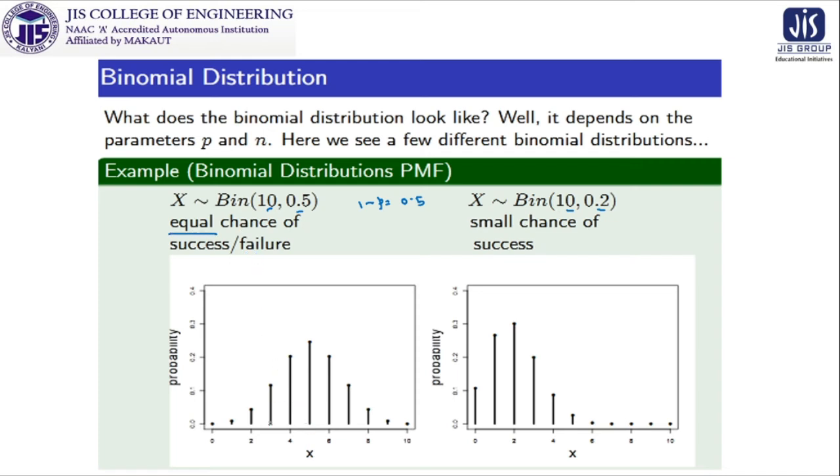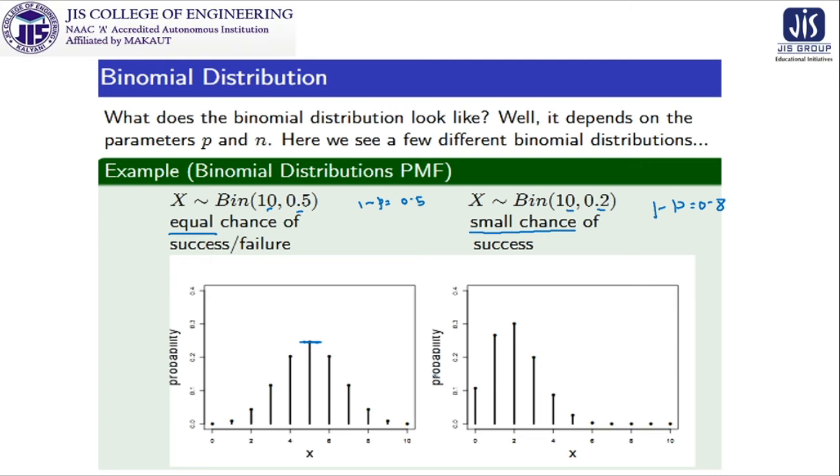So look at this. The distribution is very much symmetrical about the middle position, and this is the probability, 0.5. But if you look at the next adjacent figure, here we are saying that there is a small chance of success because p is 0.2, so 1 minus p will be 0.8.